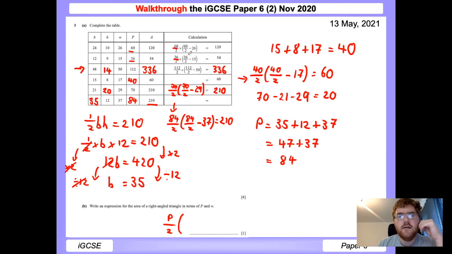Open bracket. This 60 also represents the P every single time. And then finally, this number always represents the W from this column. So our formula, again, using the patterns we recognized in 3A, gives us P over 2 times, in brackets, P over 2 minus W.